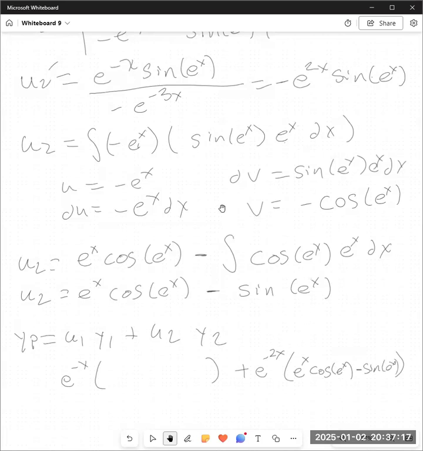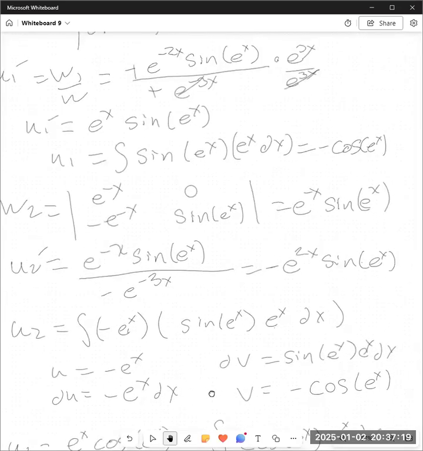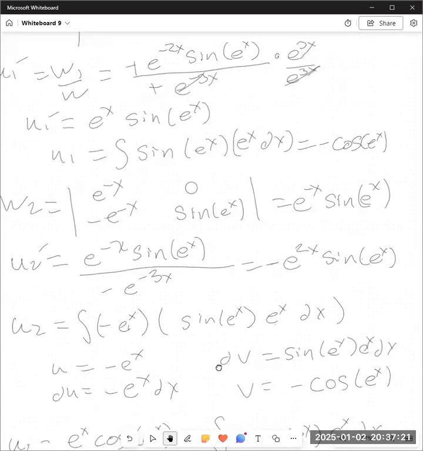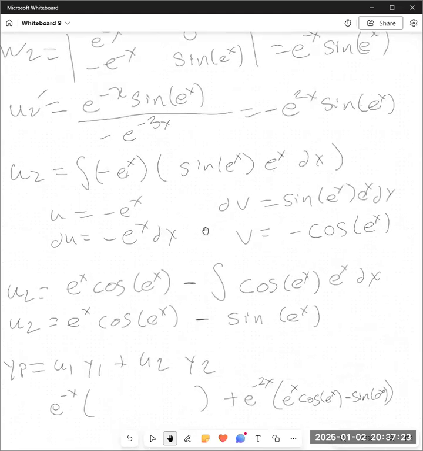And u1 is negative cosine of e to the x.